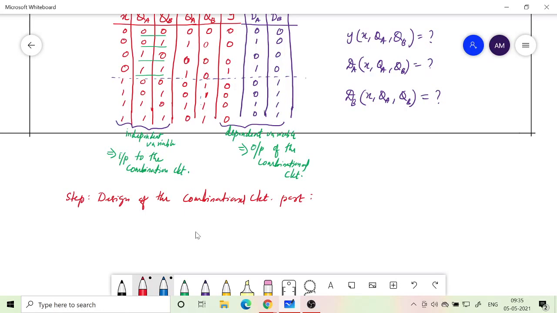Okay. So first of all, I'm going to use a multiplexer, so that's very convenient. So I can use say a 4x1 multiplexer. So I will use a 4x1 multiplexer, and to this multiplexer I will give my QA and QB, the state of the flip-flops, as the select inputs.